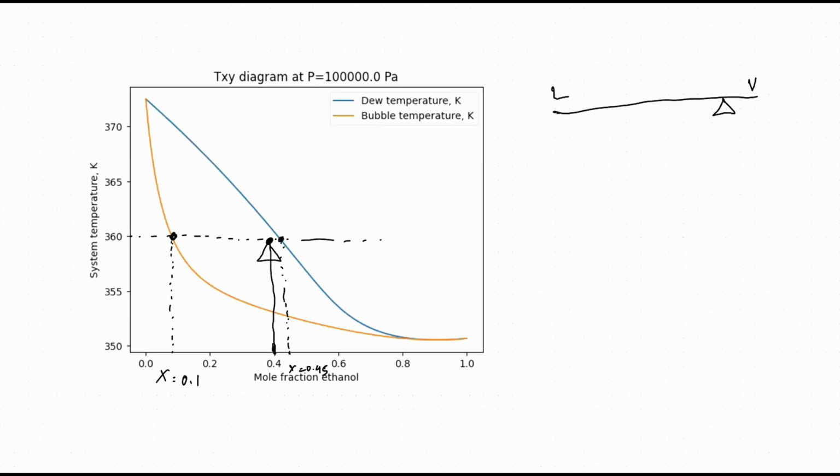To further illustrate this point, let's say the fulcrum is at the very end, and so we have liquid and then vapor. The only way that this can be flat is if there's zero liquid.